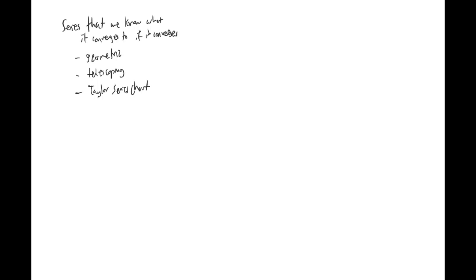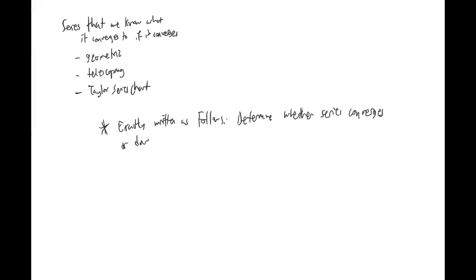So my advice is, on the final, if the question is written something like: determine whether the series converges or diverges, and then they add a second part, if the series converges, determine what it converges to.